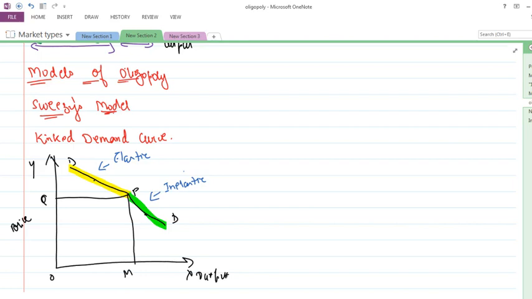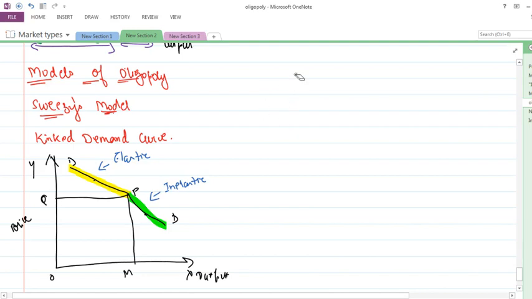For determining the profit-maximizing price-output combination, the marginal revenue curve is to be seen. The marginal revenue curve has a corresponding kink in it.